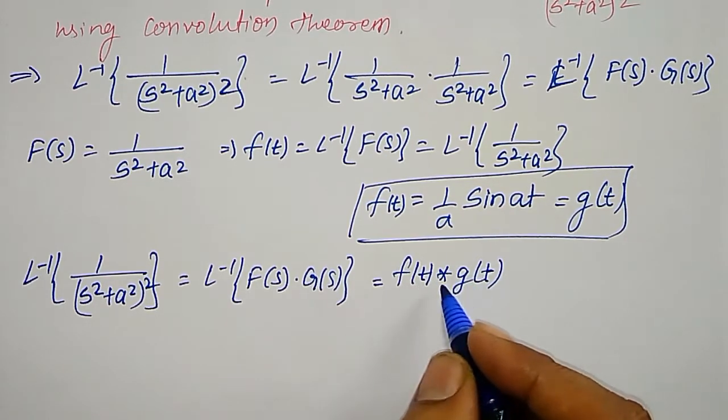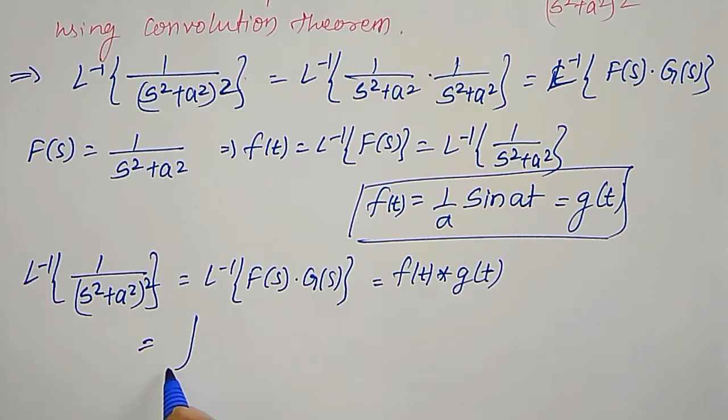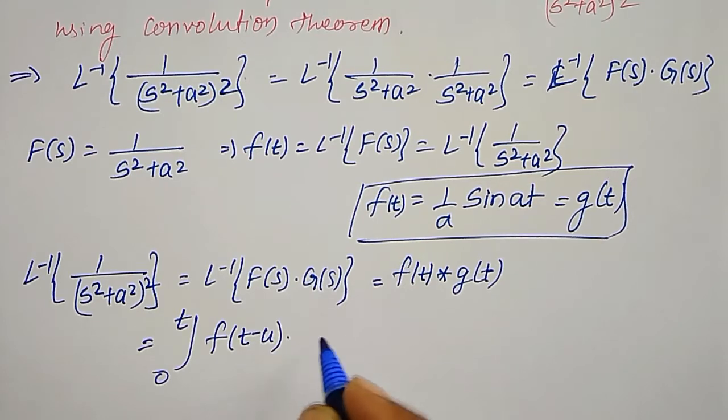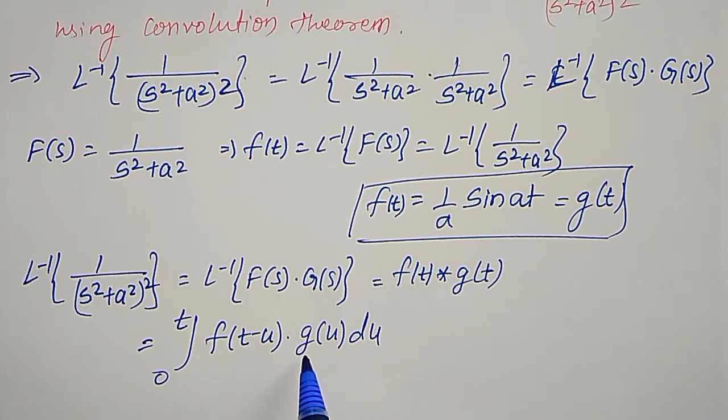And how is this convolution defined for two functions? It is defined as the integration from 0 to t of f of t minus u into g of u du. Or you can interchange, because the commutative property holds good: you can write f of u into g of t minus u also.